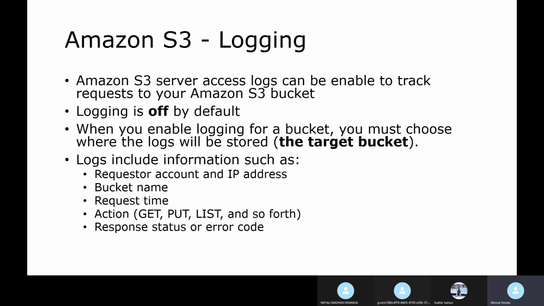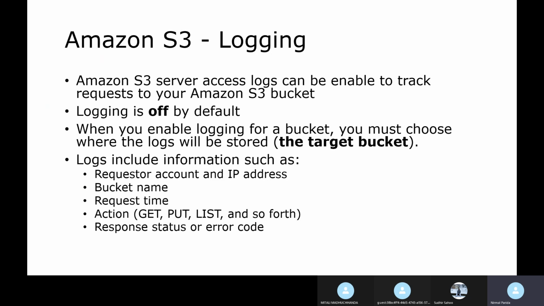Amazon S3 logging. Amazon S3 server access logs can be enabled to track requests to your Amazon S3 bucket. Logging is off by default. When you enable logging for a bucket, you must choose where the logs will be stored. Suppose I upload an object, download an object, or delete anything.